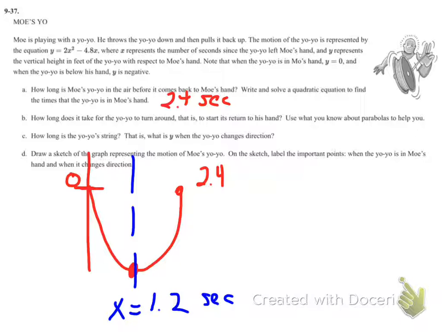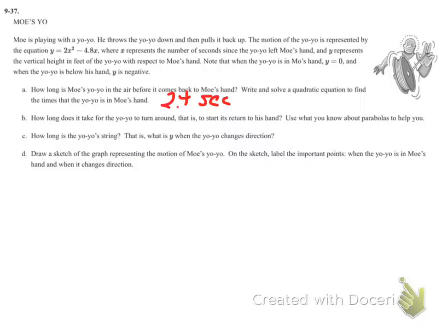So then problem C is how long is the string? Essentially what we're trying to figure out is how low it is at 1.2 seconds. To do that, I'm going to take the original equation and substitute in 1.2 for x.